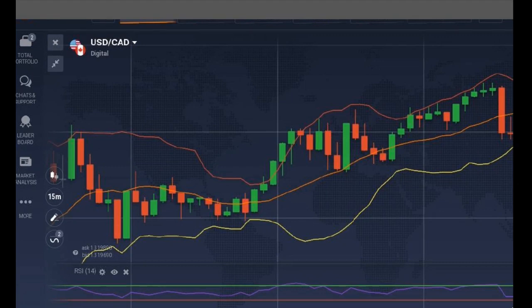We started with the 5 minutes chart, but today we're going to continue with the 15 minutes chart, the hamster pattern strategy.